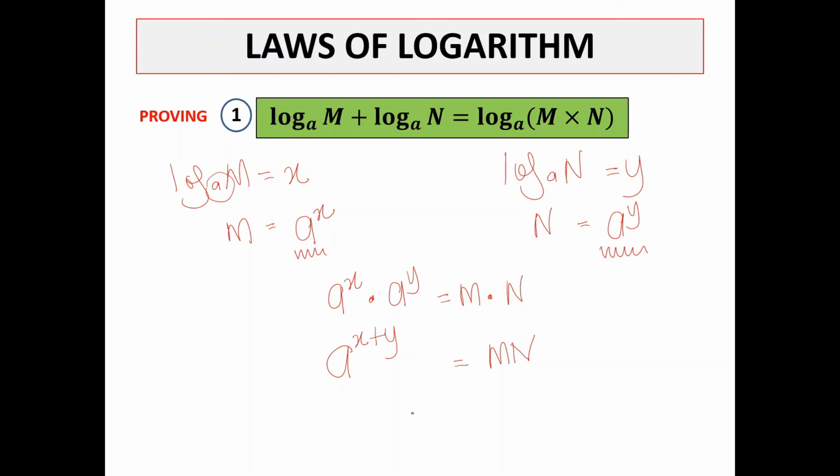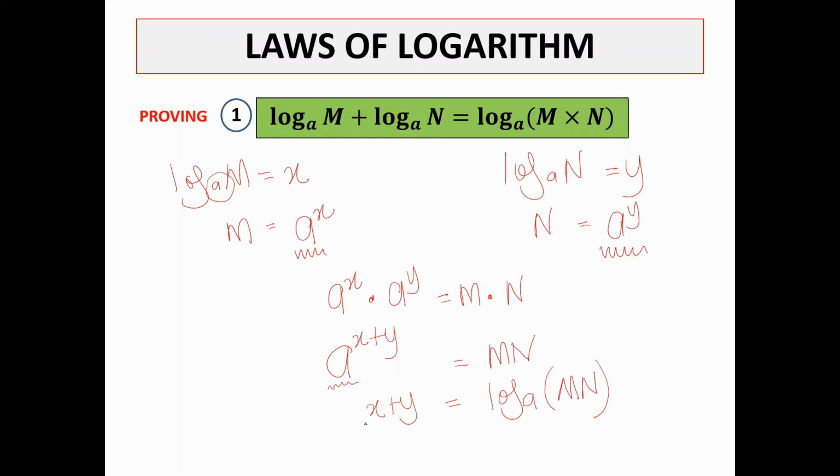Now I have this in index form, so let's change to log form. So a is the base, and going to the other side it becomes the base for the log. So I can have x plus y equal to log to the base a of mn.